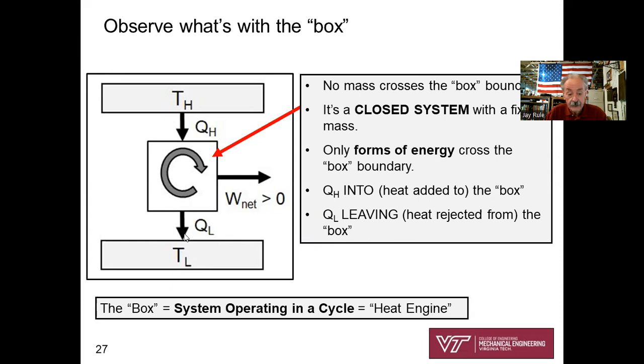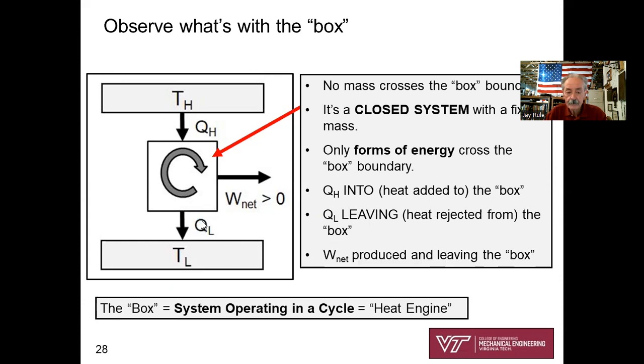Q net would kind of be a negative number. Heat is rejected from the box. This arrow, W net, is being produced inside the box and it's leaving the box. It's being delivered by way of a shaft or electric power going out to somebody who's using it.